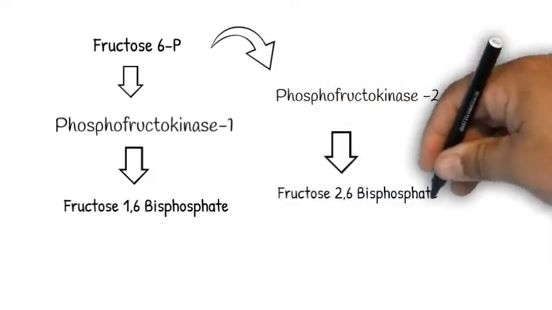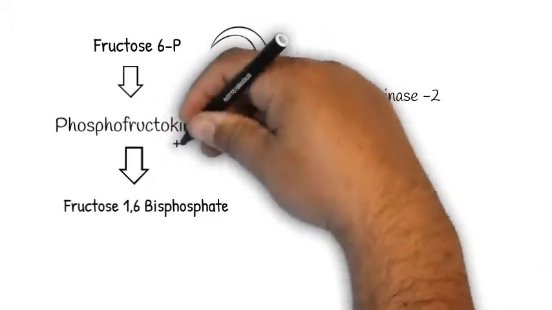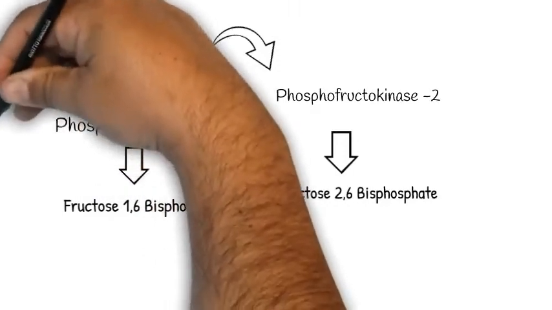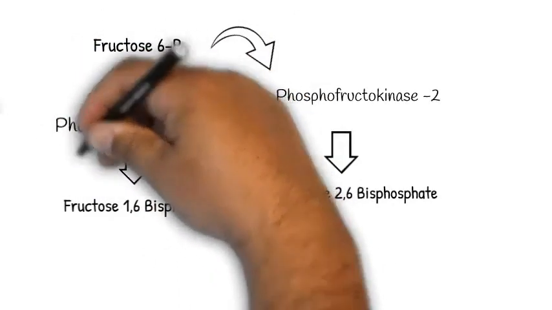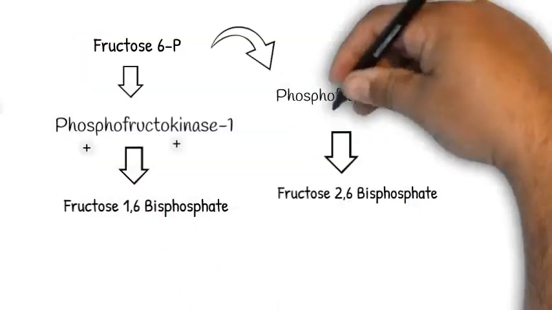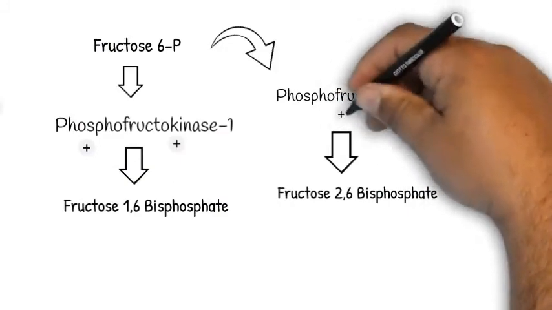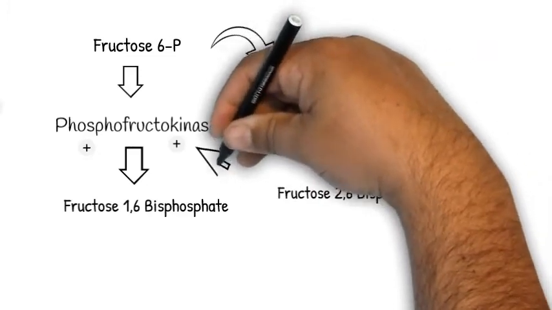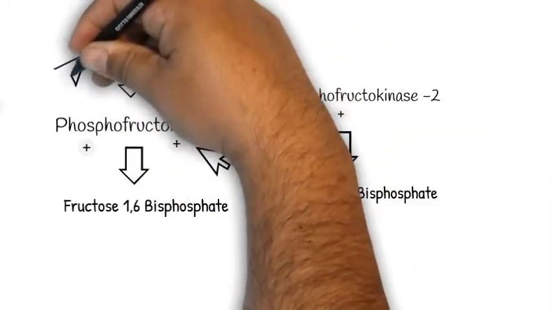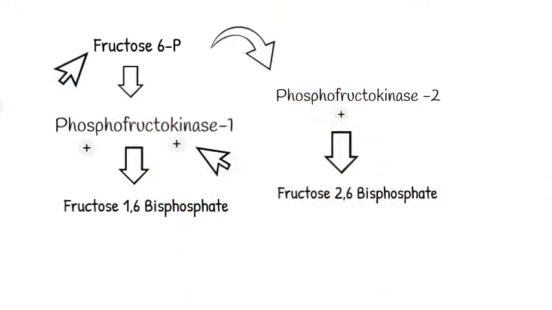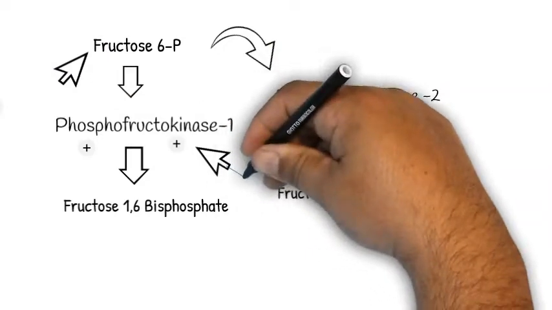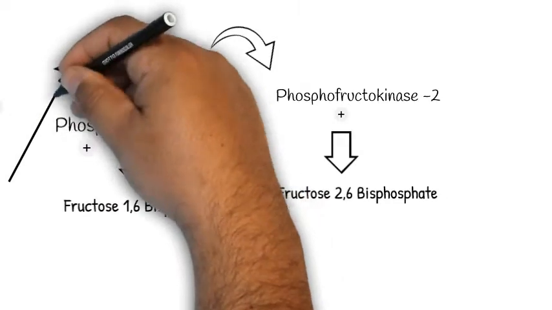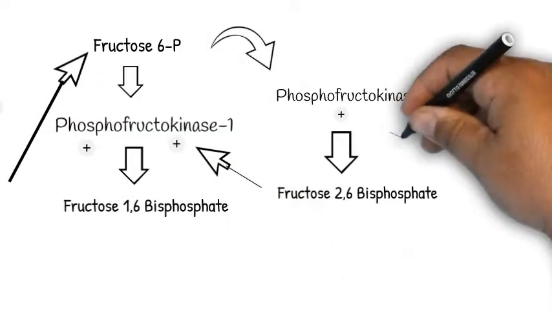Essentially, this PFK1 enzyme is regulated by the product of another enzyme known as PFK2, phosphofructokinase 2, which synthesizes fructose 2,6-bisphosphate. And fructose 2,6-bisphosphate is a positive allosteric regulator of PFK1. And so formation of fructose 2,6-bisphosphate will activate PFK1.